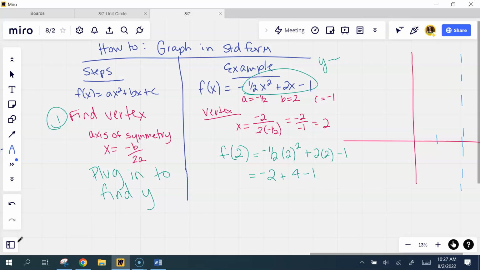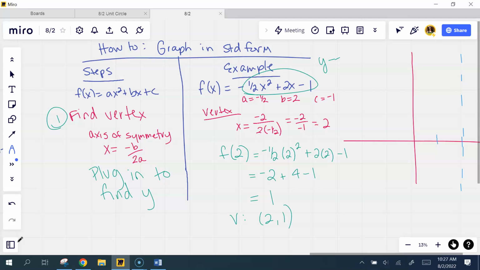So what's the y coordinate of the vertex? So what is the vertex? What are the coordinates of the vertex? 2, 1. My vertex is 2, 1. Are we all in agreement?